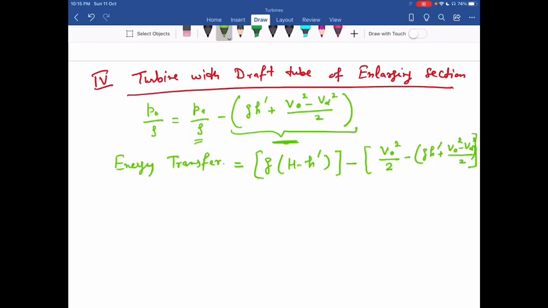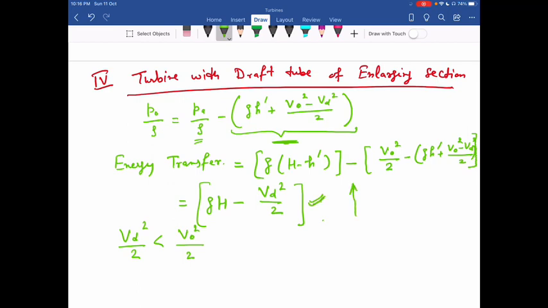Now you cancel out the common terms and this comes out to be GH minus VD square divided by 2. Obviously you can see the term VD square by 2 is less than VO square by 2, so the energy transfer is more.